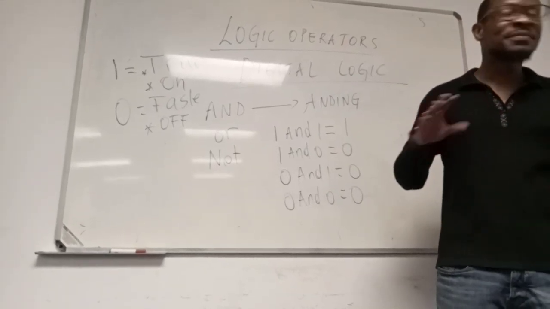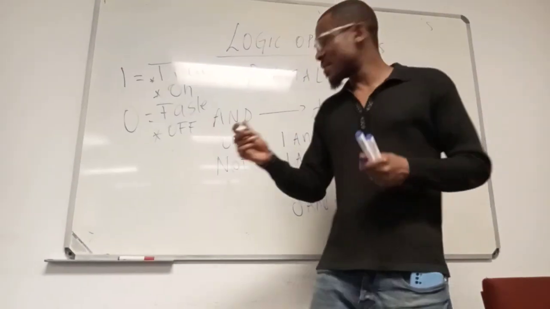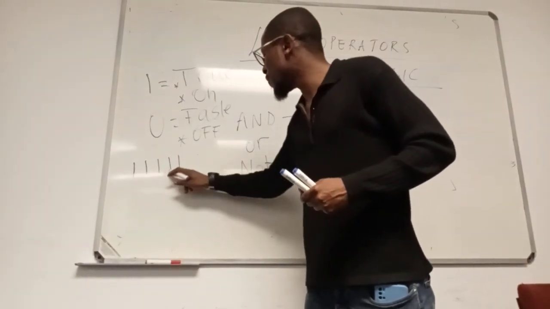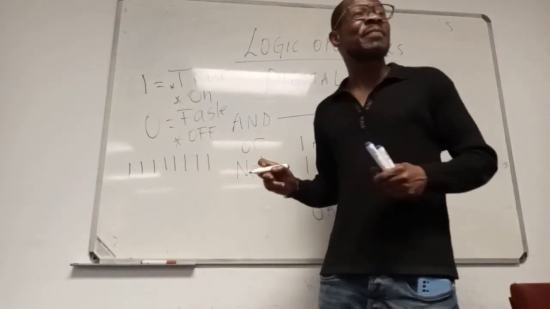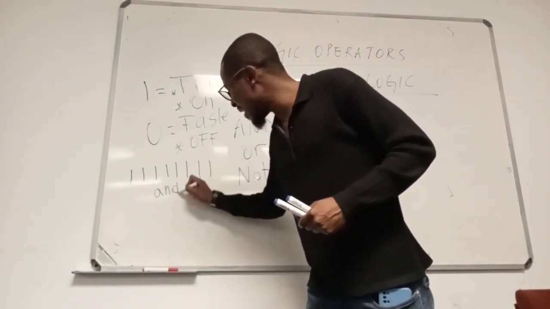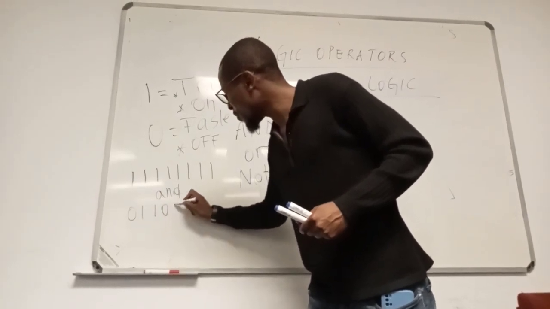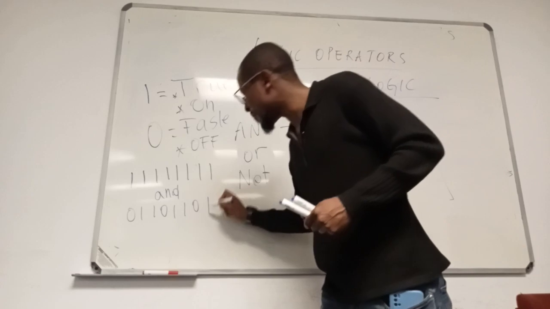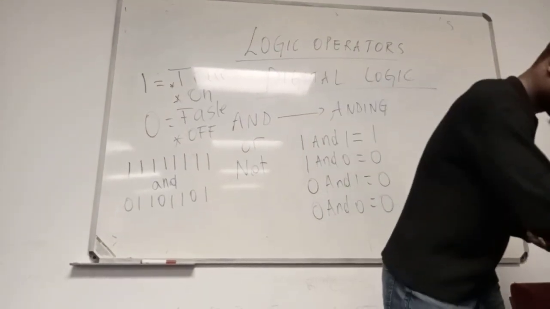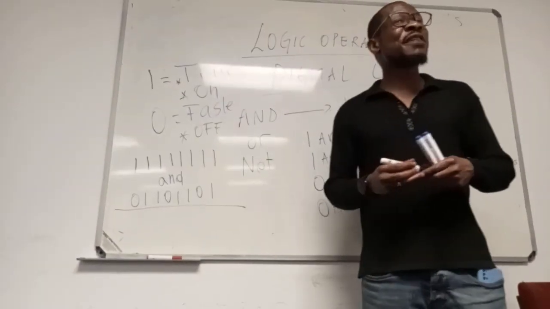Now when they give you a calculation, they can say this: 1 1 1 1 1 1 1 1, and then 0 1 1 0 1 1 0 1. They're asking you to compute the AND.